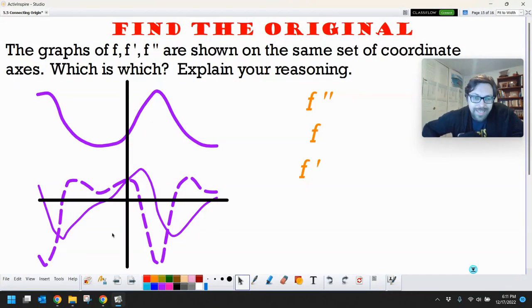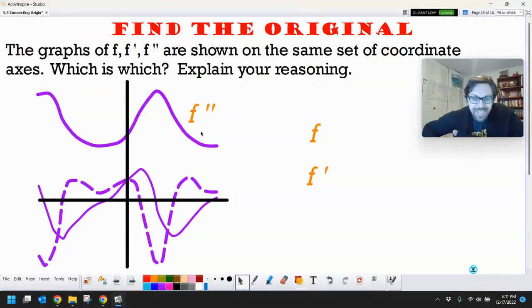In this example, I can see these are both wobbling around in real crazy ways. But one thing I find interesting is that this one is always positive, which kind of leads to some interesting things. If this is the first derivative, that would mean that the original function is always going up. And both of these go up and down. So that can't be the first derivative.